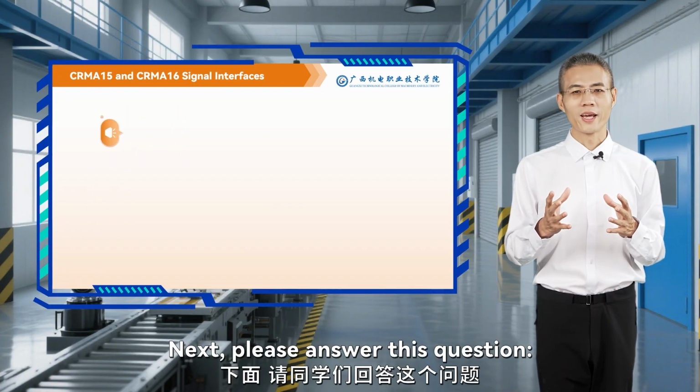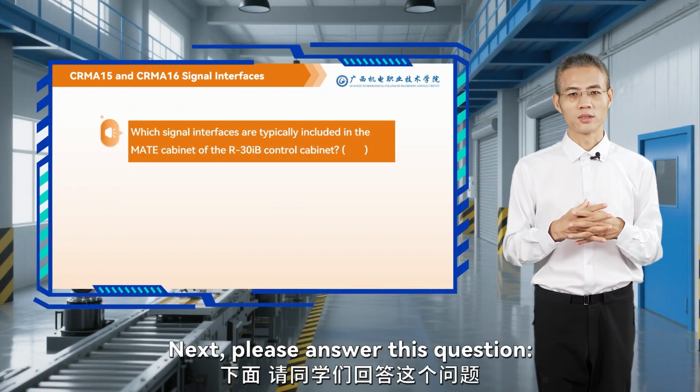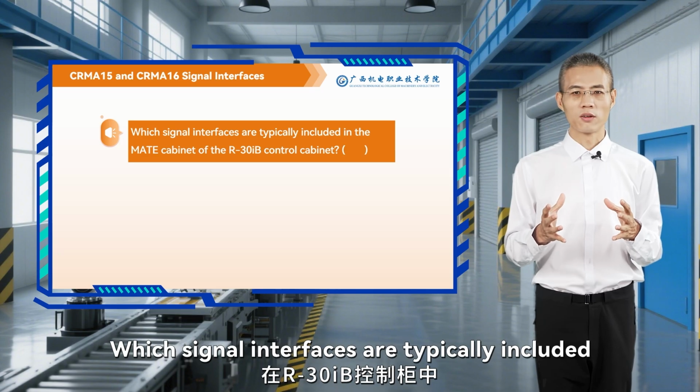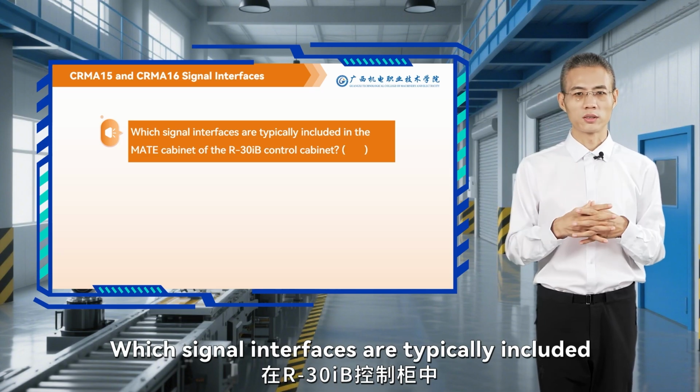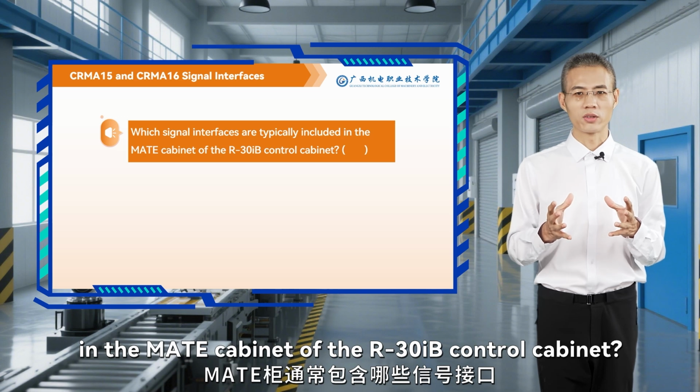Next, please answer this question. Which signal interfaces are definitely included in the main cabinet of the R30iB control cabinet?